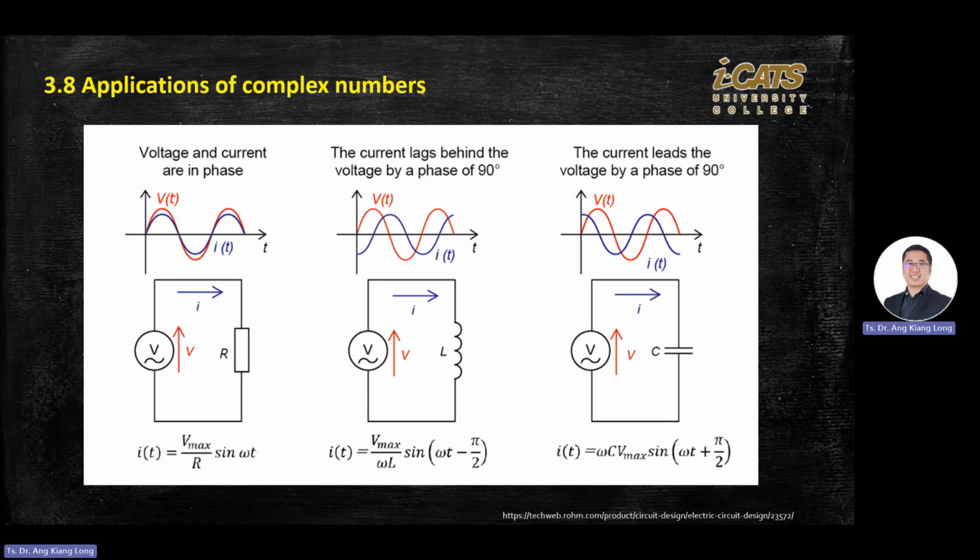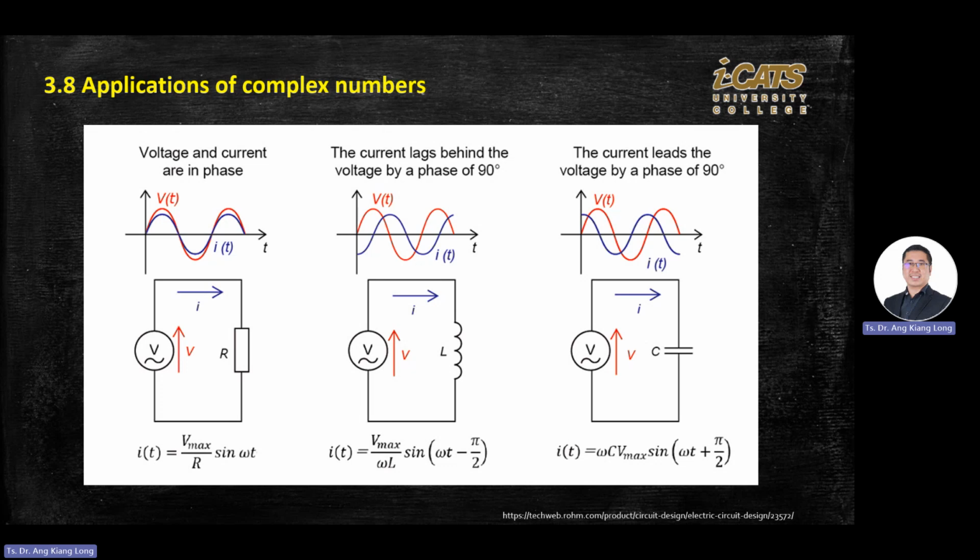How do you know if it is lead or lag? If the current lags, the imaginary part will start with a negative. If it leads, it will have a positive imaginary component. Voltage is always our reference point. Voltage doesn't change, voltage is always the same. So in the mathematical calculation, how do you present whether it's lag or lead?